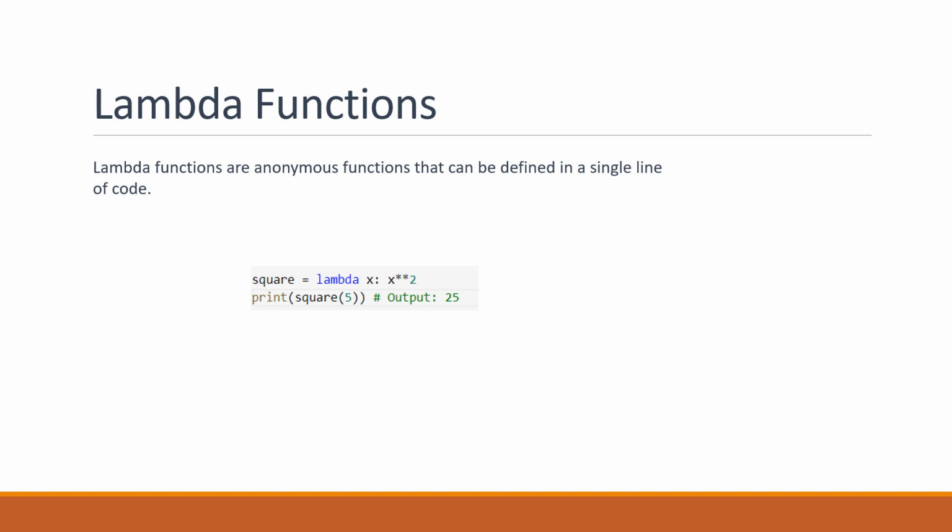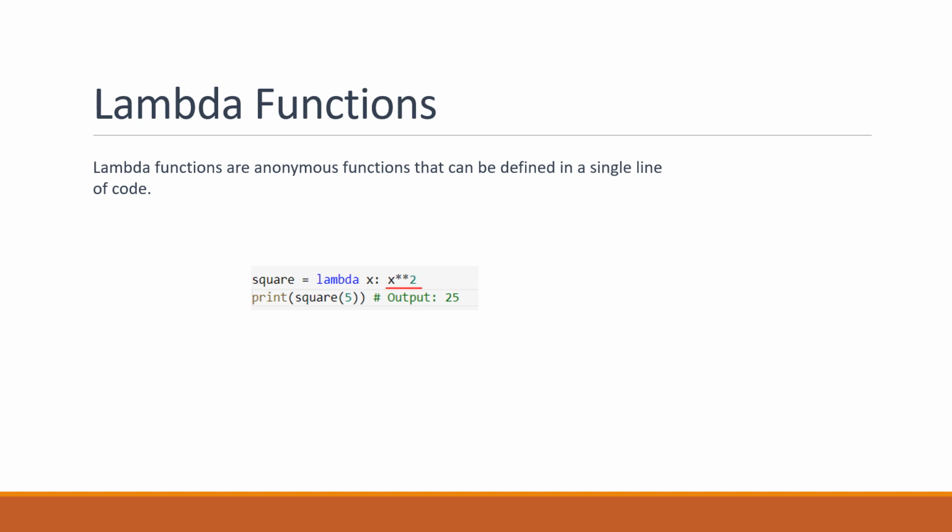So here in this example, we can see that square equals lambda x colon x to the power 2. This means that when I pass a value to the lambda function, the output will be the square of that value.